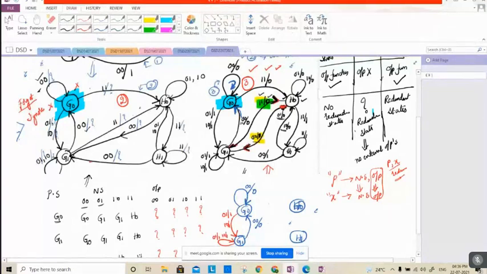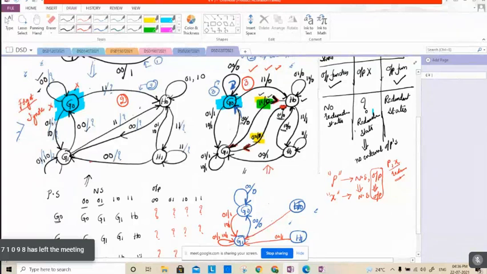Any other lines coming towards G1? From H0 and H1. This is again 0, 0 by 1. What is the output of this line, which is coming from H0? 0, 0 by 1, sir. Right, 0, 0 by 1.